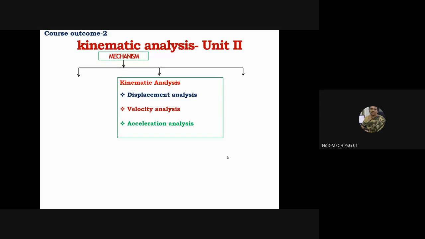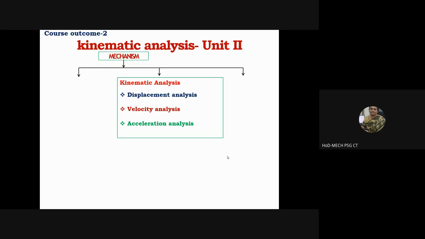I need to select the best out of the 35. So initially we have this set of indices of merit, like the transmission angle, mechanical advantage, and Grashofian and non-Grashofian if it's a four-bar mechanism, and so on.